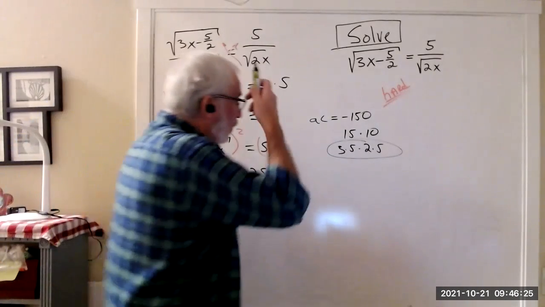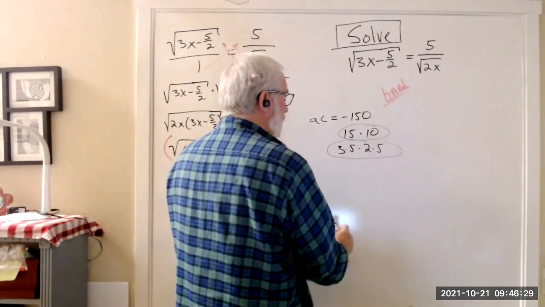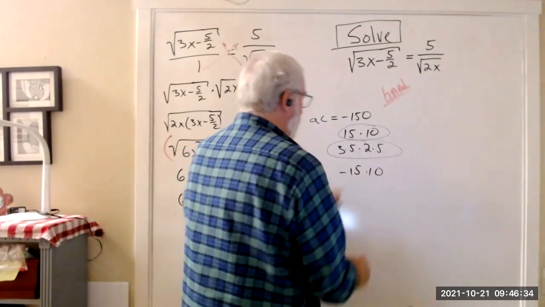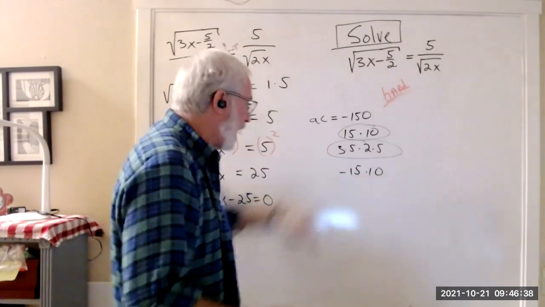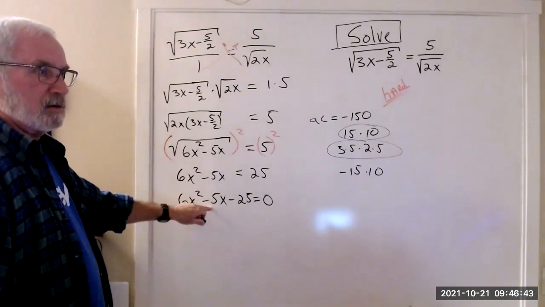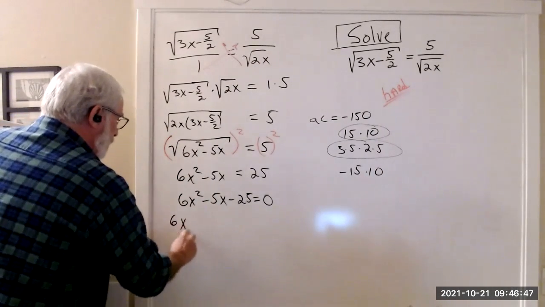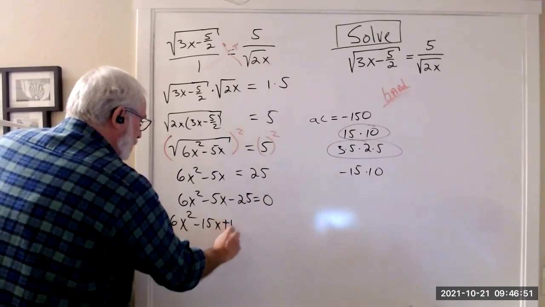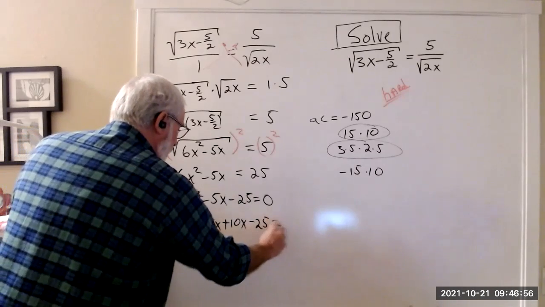Okay, so I think if I did that, I'd go, well, right there, 15 times 10. So if I go negative 15 times 10, that's my negative 150, and that's my negative 5 in the middle. So yeah, it was a little bit hard, but we use that to go 6x squared minus 15x plus 10x minus 25 equals 0.